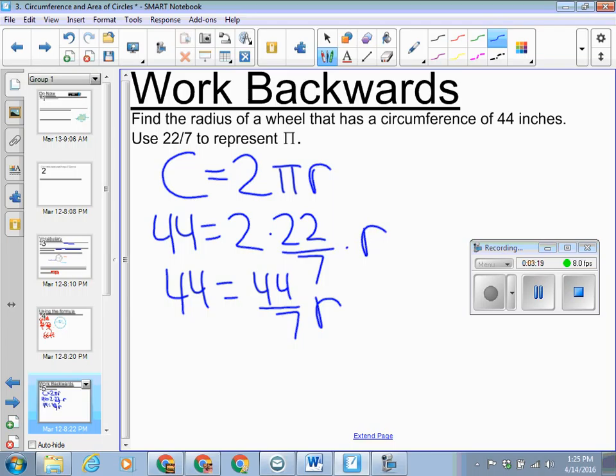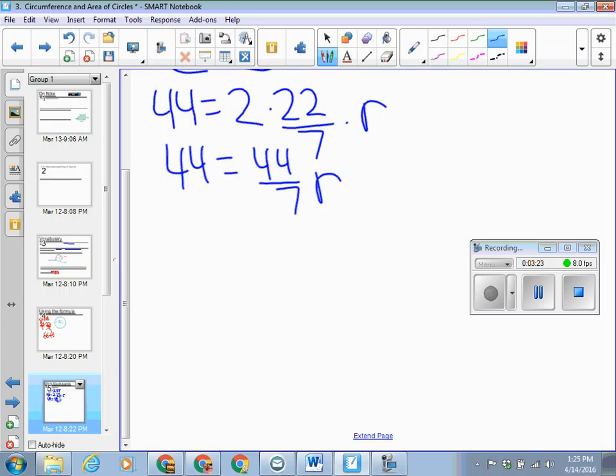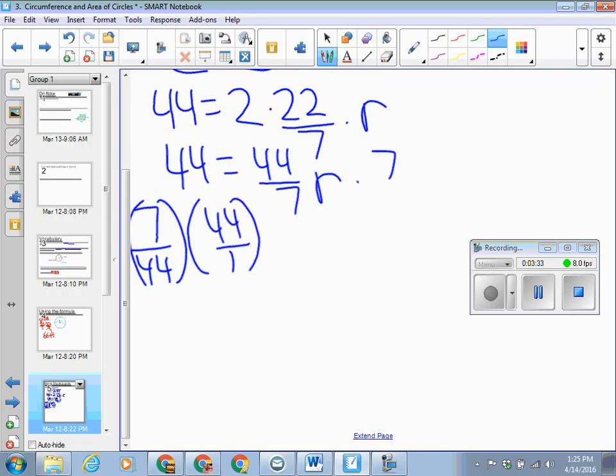To undo times 44/7, we divide both sides by 44/7, or multiply by the reciprocal. So we're taking this 44/7 and doing it times its opposite, because that eliminates that part of the problem. We're left with just r.